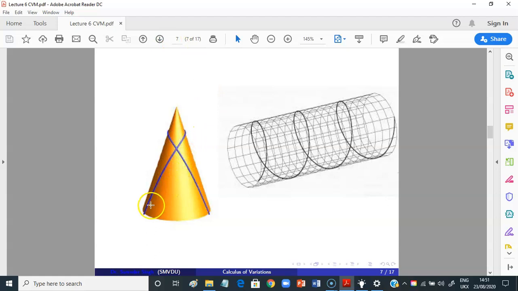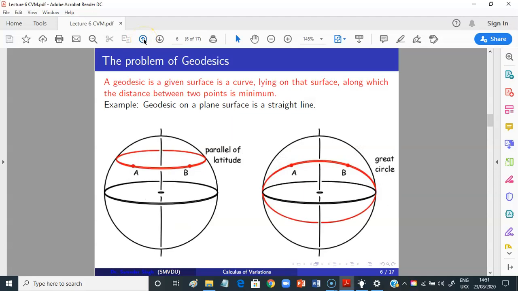Similarly, if we are talking about a conical surface, the geodesic, meaning the curve of shortest length, can be determined. On a cylinder, we can also determine the curve of shortest length. Before moving further, I would like to give you the answer. The geodesic on a sphere is the great circle.